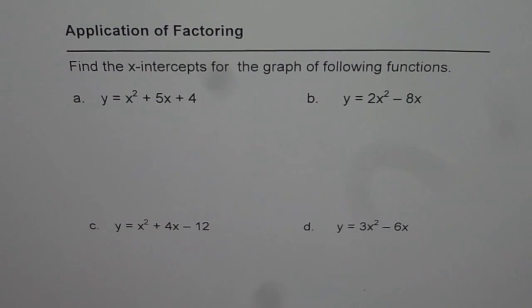I'd like you to copy these questions, solve them, and then check with my answer. You know the factoring techniques. The only thing we want to see here is how factoring techniques are applied and in how many ways we use them. So x-intercepts is a huge application where factoring could be very helpful.